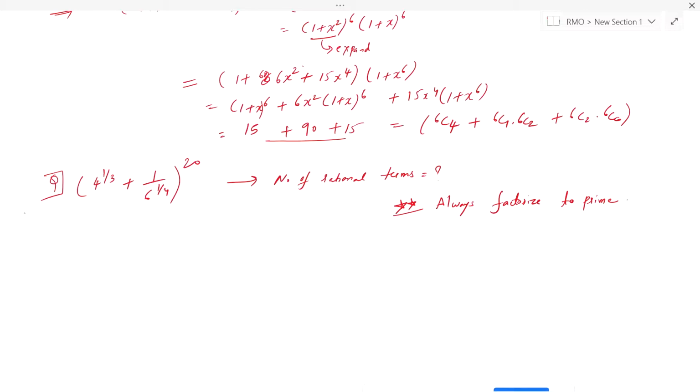Here, rational number terms, so that is 12. No, rational terms is not 12. Let me give you a hint: the answer for rational terms is less than 5.